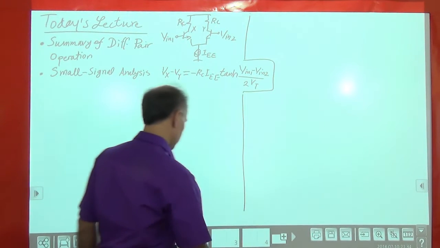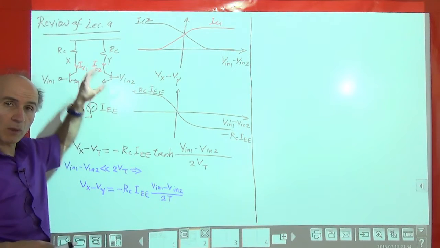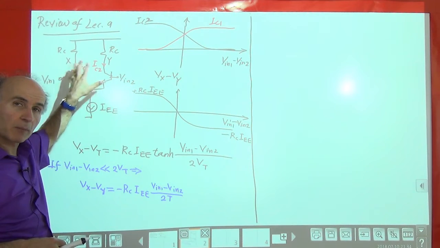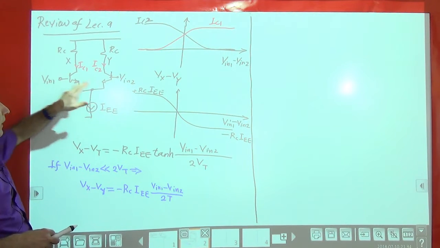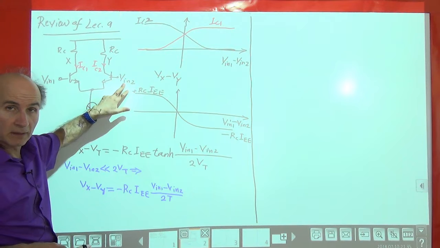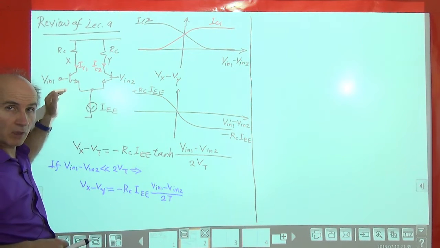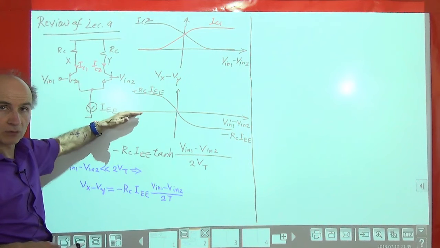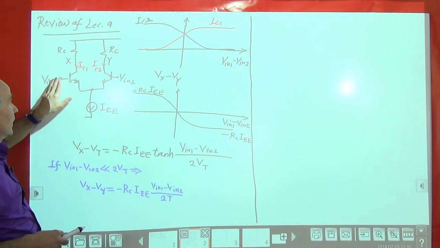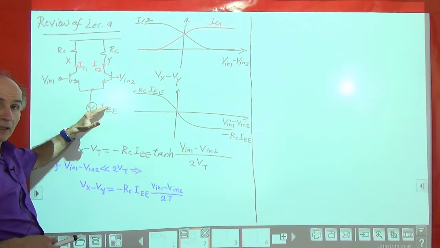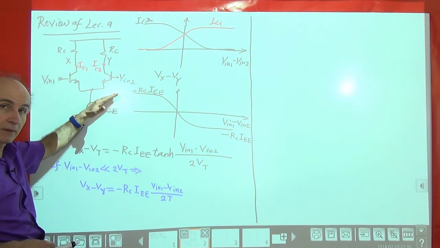So let's look at this slide here. This is where we were last time. We took a bipolar differential pair and assumed that the two inputs are not equal. So we assume there's a difference between Vin1 and Vin2. Vin1, for example, is higher than Vin2, or lower. And then what we observed was that if Vin1 is higher, then the tail current prefers to flow more from the left than from the right.